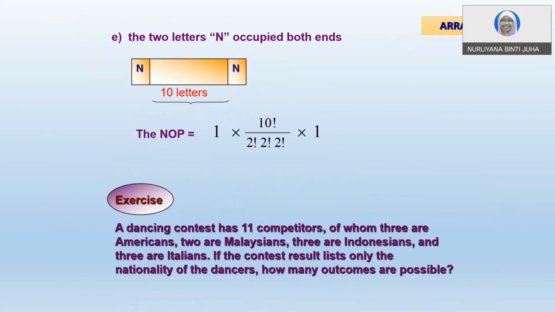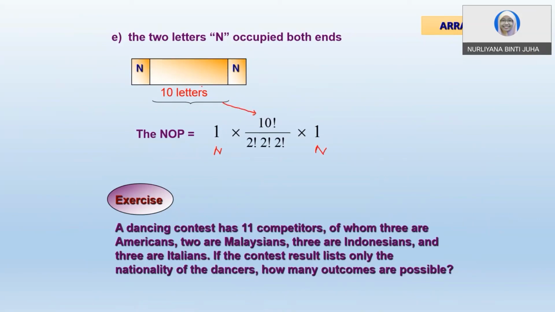Okay. And the last one, the 2 letters N occupy both ends. Dua-dua huruf N yang kita ada dalam arrangements duduk dekat hujung. Satu dekat depan, satu dekat belakang. So, daripada 12 ni, 2 N kita dah guna, yang tinggal cuma 10 lagi yang dekat tengah. So, this is for N, this is for N. This is for yang tengah tu.